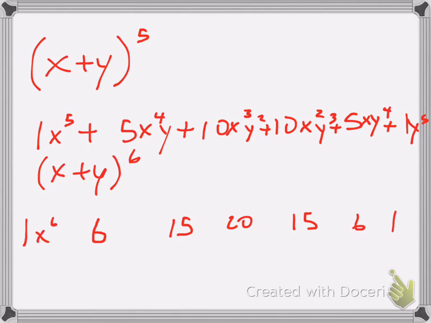Decreasing. X to the 6th, x to the 5th, x to the 4th, x cubed, x squared, x to the 1st. And the powers of y are decreasing from right to left or increasing from left to right. So I just like to start right here since I'm there anyway. Y to the 5th, y to the fourth. No, that's 6. That's 5.